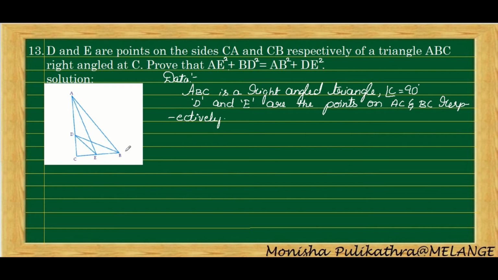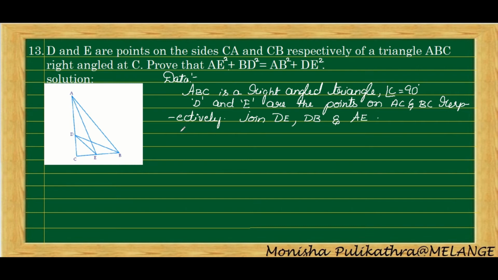So ABC is a right angle triangle, angle C is 90 degree, D and E are the points on AC and BC respectively. Next, what we have to do is we need to join everything, that is, join DE, DB, and AE.